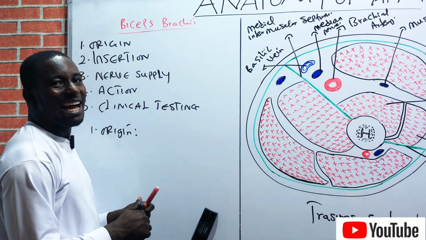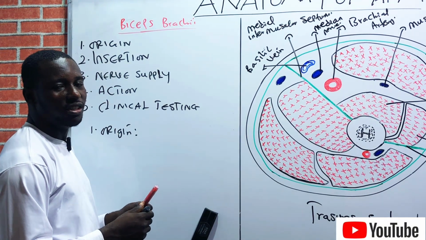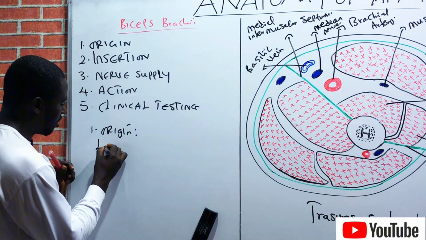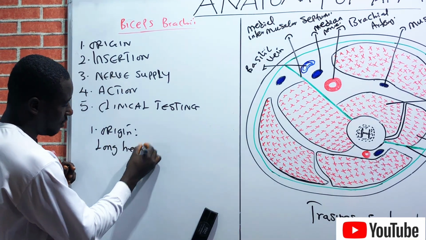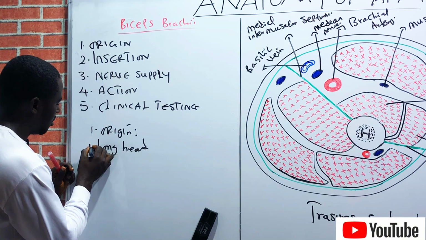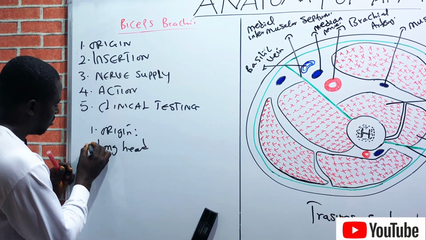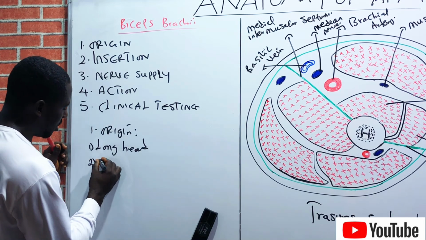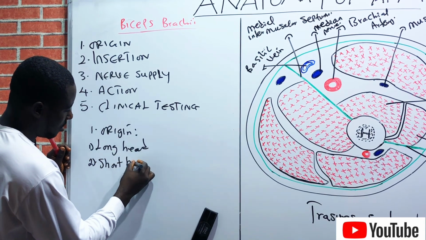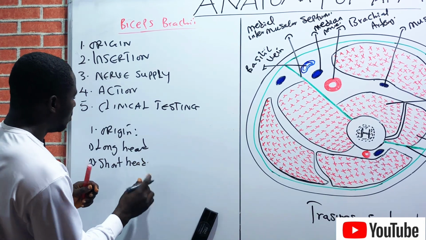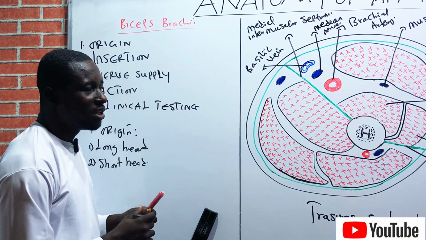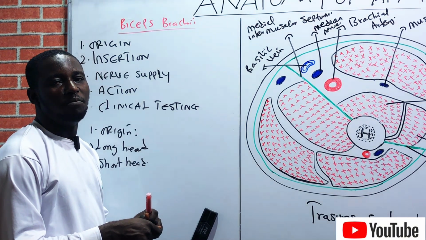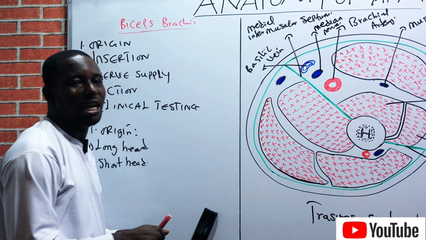The biceps brachii has two heads in the origin, the long head and the short head. The long head of the biceps brachii originates from the supraglenoid tubercle of the scapula.